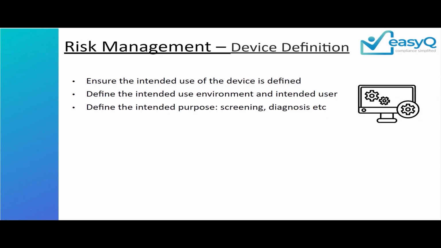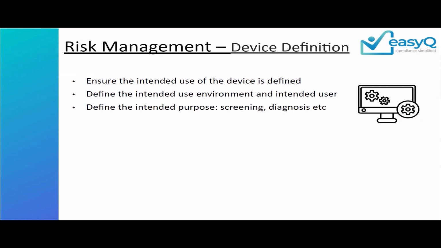Then there will be a lot of other things about technology and the principle of operation that you can keep adding. But the bare minimum things to start with are these four: your intended use, intended user, intended patient population, and intended use environment.